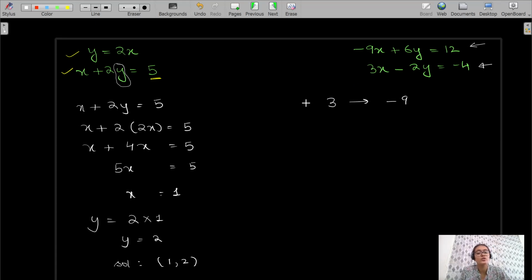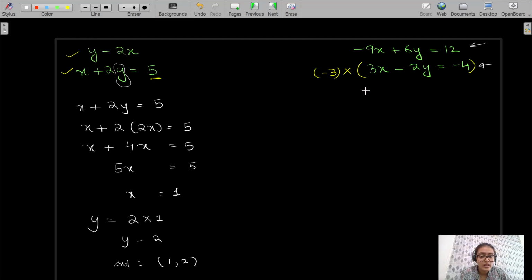What should I do to 3 in order to make it negative 9? Well, I can multiply it with negative 3, because 3 times negative 3 will give us negative 9. So we will multiply this entire equation by negative 3.